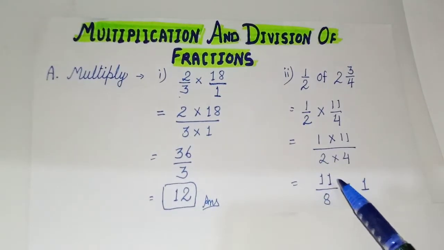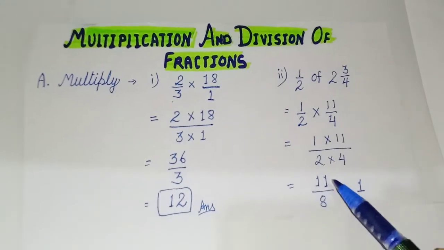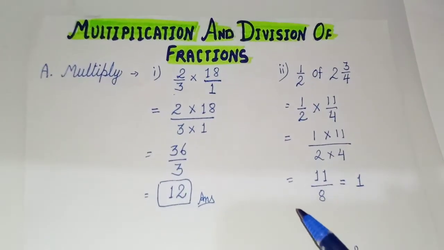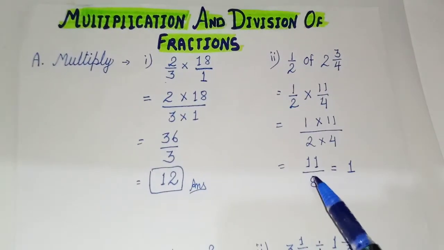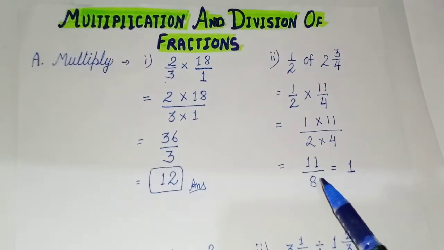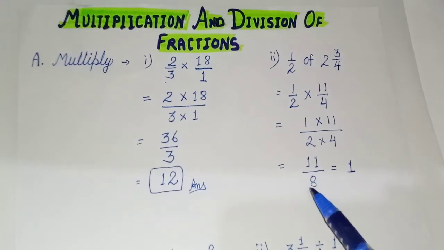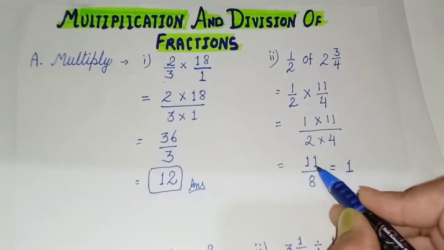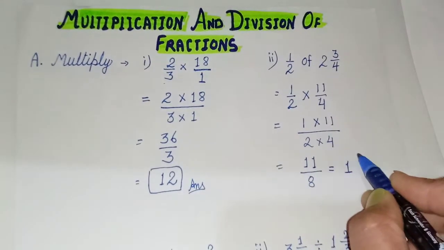But as this 11 upon 8 is an improper fraction, we need to change it into mixed form. Right? Whenever we get an answer in the form of an improper fraction, it is necessary to change it into a mixed fraction. So here we can see how to change it. 8 ones are 8 and 11 minus 8 will be 3.